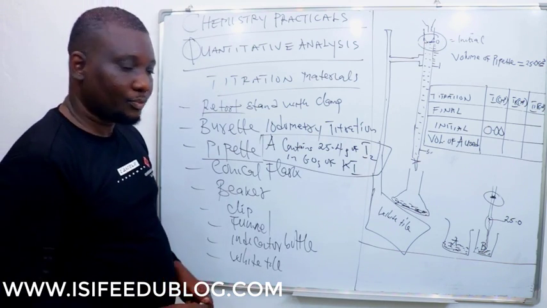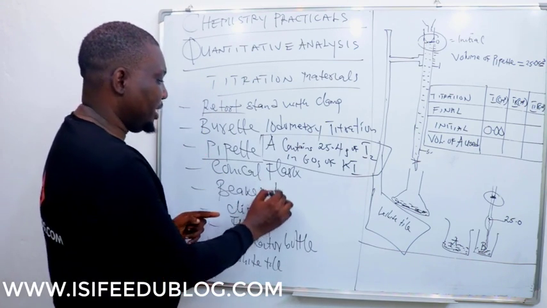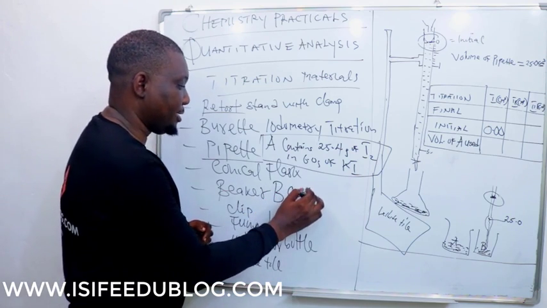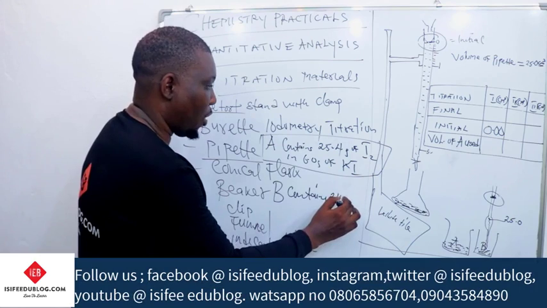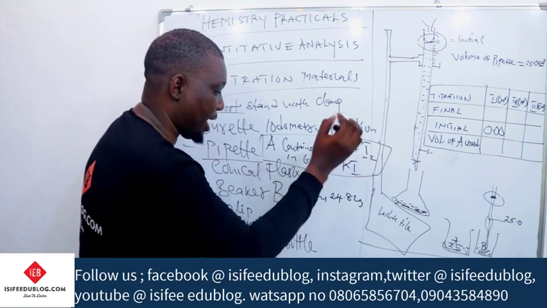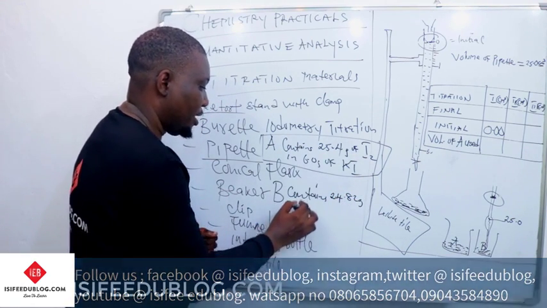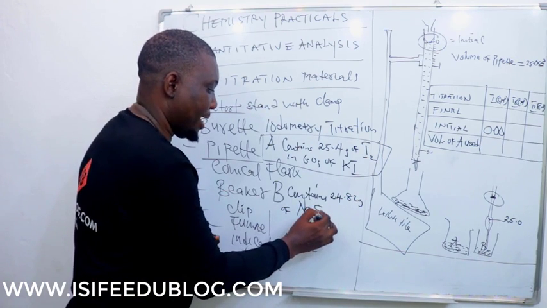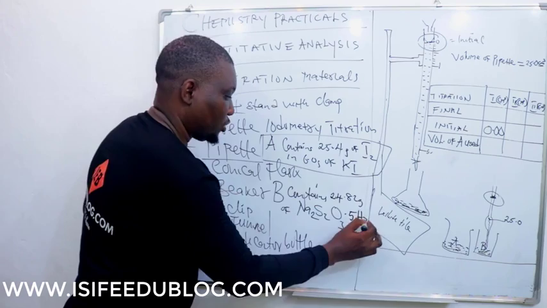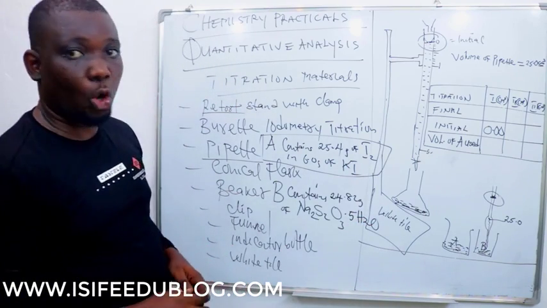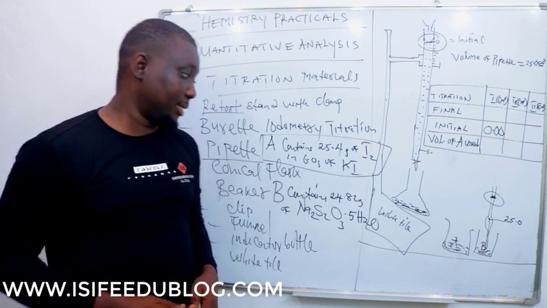And you are also given that B contains 24.82 gram of Na2S2O3.5H2O, that is sodium thiosulfate pentahydrate.